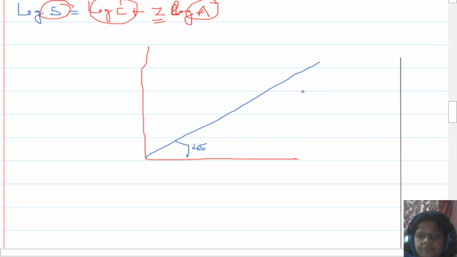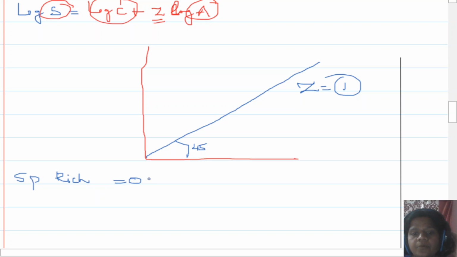Usually the species richness or diversity would be between 0.1 to 0.2. That means it will be somewhere around here, 0.12.